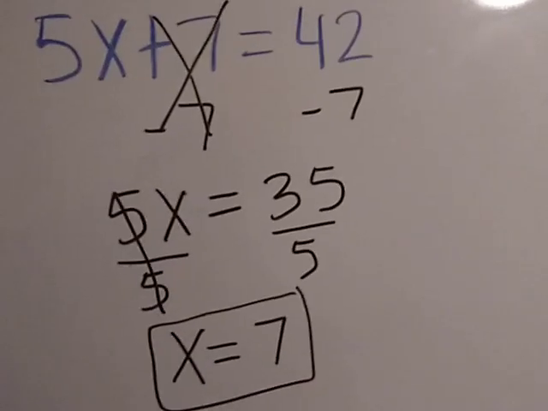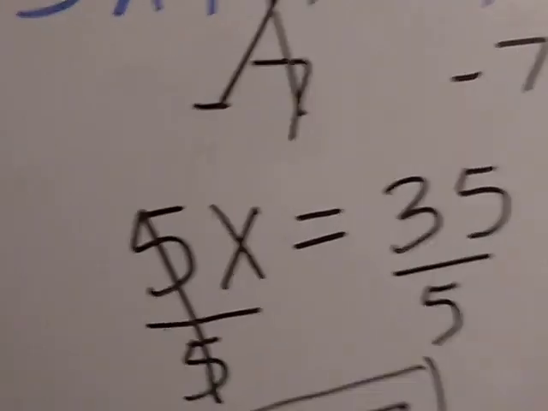Okay, now you're going to come across instances where you will have variables on both sides of the equal sign. In situations like that, what I usually tell students is that some people don't like to work with negative numbers. Some people get confused with carrying the negative sign.